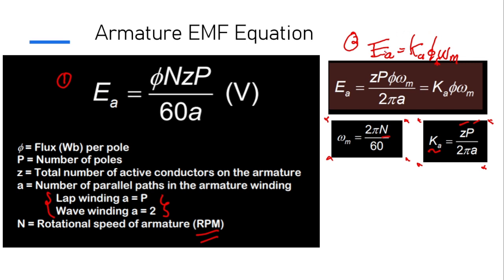I know our equation E is equal to K phi omega m, and this is directly proportional to this. So you state the equation: since the flux per pole increases, you can clearly see that the back EMF will also increase. All the equations are linked to each other.